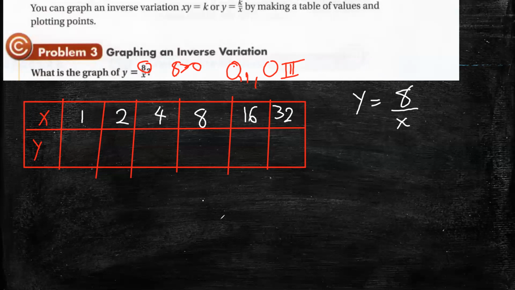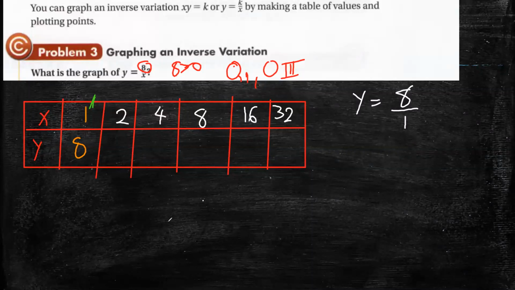Here I want to change the value of x depending on each number I put here. Let's try with the first one. Here, x is 1. So let's remove x and put 1. When x is 1, 8 over 1 will be 8.